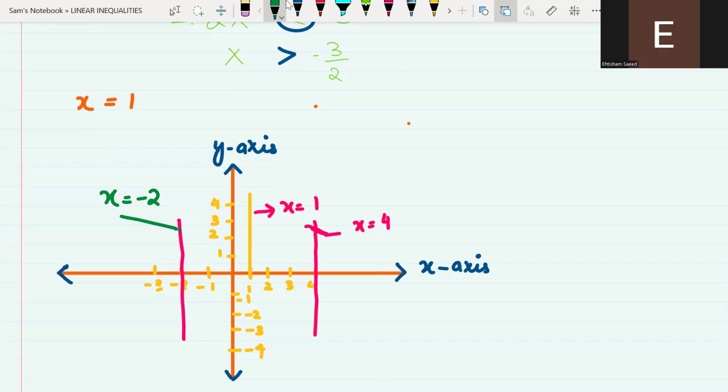Now we are moving towards horizontal lines. If I pass one line through this 2, what are we going to call this?